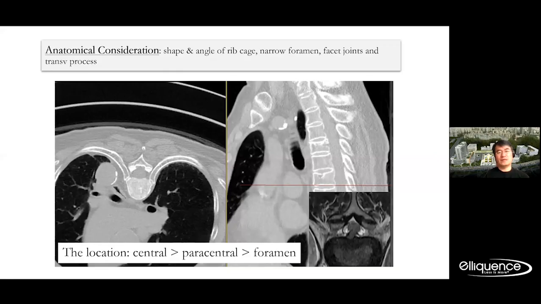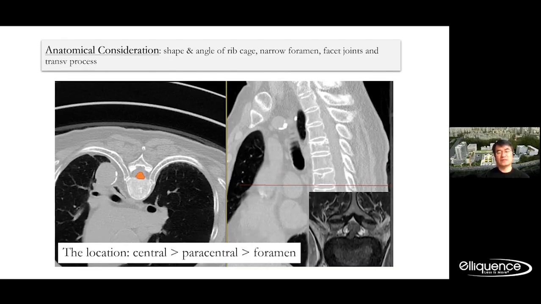So, anatomical considerations for treatment of thoracic disc herniation: you can see the MRI in the right corner there. There's a huge, large disc herniation, and it's centrally located. You probably know the basic knowledge of the patterns of disc herniation in the thoracic spine. The most common type is central disc herniation. Foraminal or paracentral is not as common compared to central disc herniation.